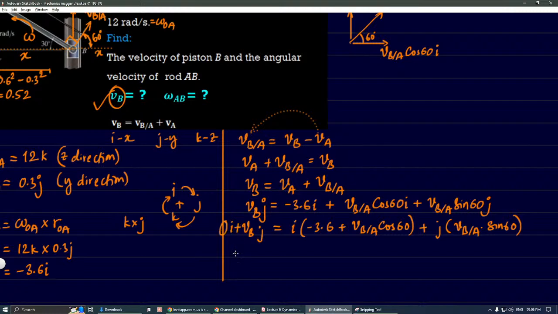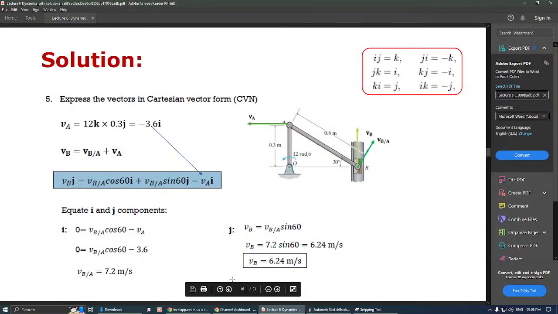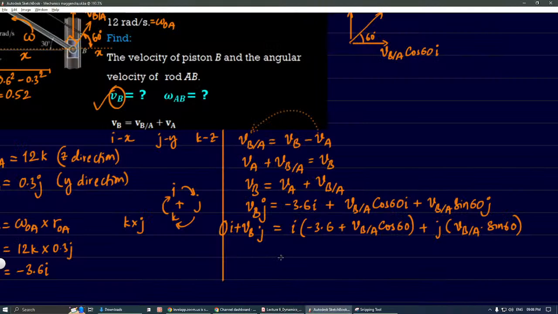The coefficient of i is 0 here, so we can use that. So compare it: 0 will be equal to minus 3.6 plus velocity of B with respect to A into cos 60.